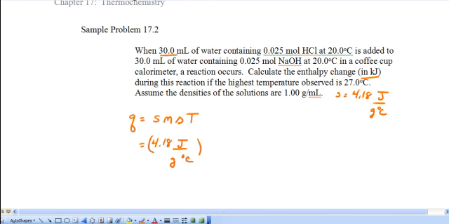You have a total of 30 mL of water with the hydrochloric acid. You have 30 mL of water with the sodium hydroxide. So you have a total of 60 milliliters of solution, and we'll just assume that the volumes are additive. And the density of the solution is 1 gram per milliliter. So that means each milliliter weighs 1 gram, so therefore you have 60 grams of solution.